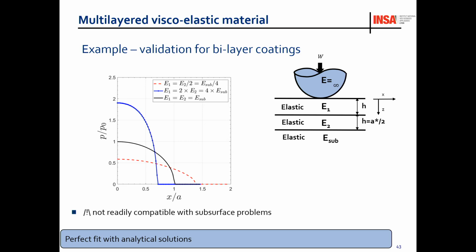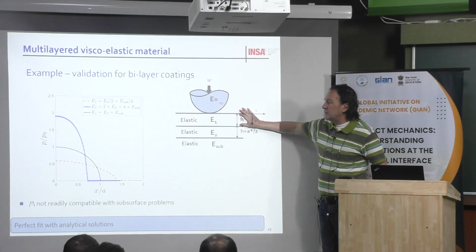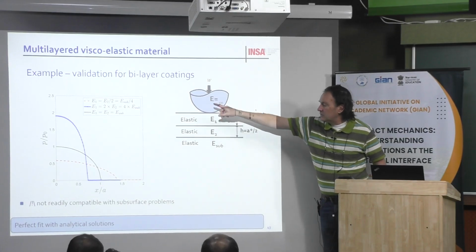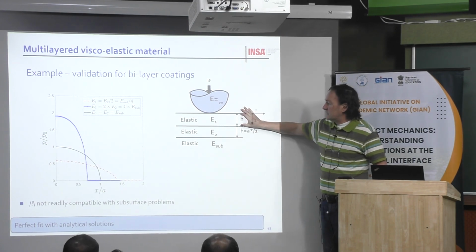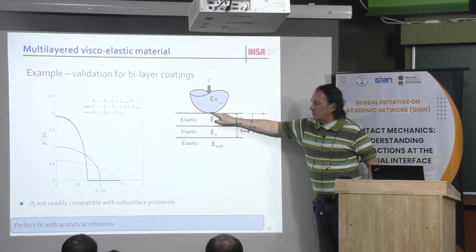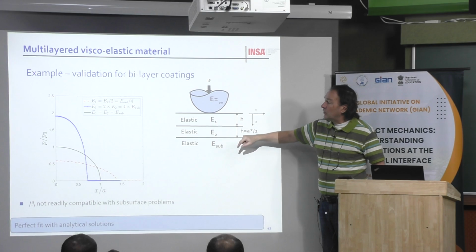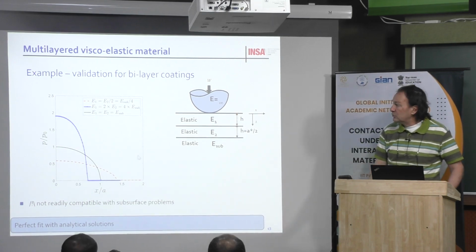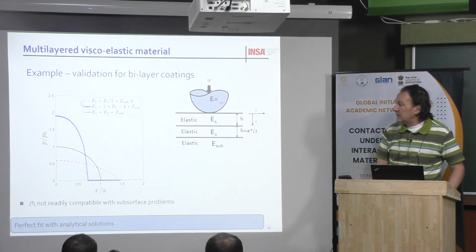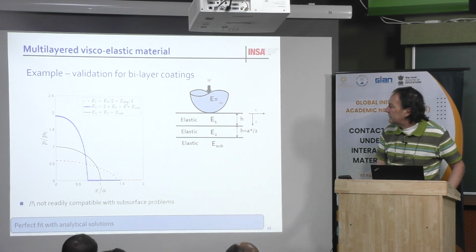Okay, but this is a classical result. This is only for elastic solutions, and you have two layers, the same as yesterday. I told you about that. In this simulation, the thickness of the layer is equal to the contact radius, for the plot on the left. And then by changing the Young modulus of the coating, in red you have soft coatings, which is, oh no, in fact here there are two layers.